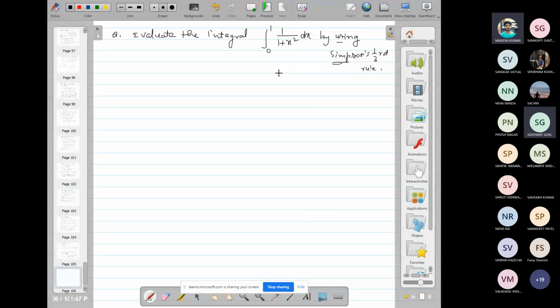So you see here, the integrand is given. Depending upon our choice, we take the interval of difference. This is our choice. Here 1/3 is given, so we can choose n as a multiple of 2. We know that xn is equal to x0 plus nh, so h is (xn minus x0) upon n.